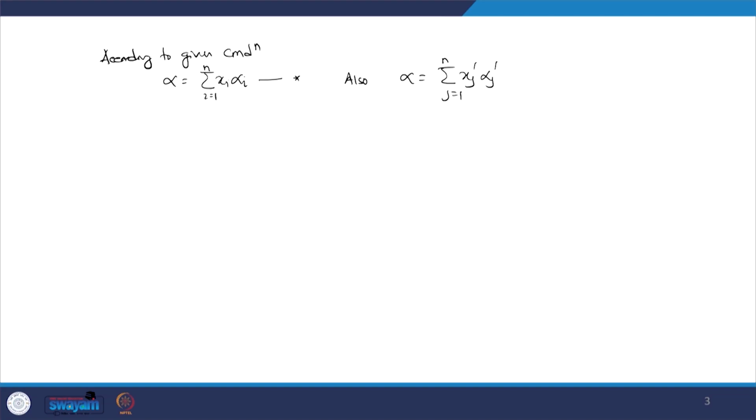So, I can write down like this, star and double star.